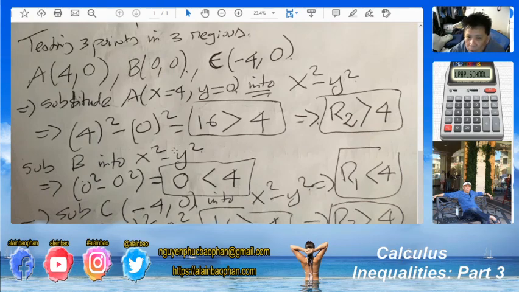With two variables, it could be a hyperbola, ellipse, or parabola, using the formula x squared over a squared minus y squared over b squared equals 1, or even a circle.